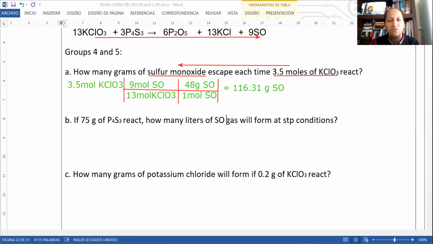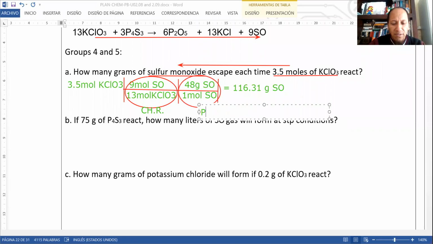You can confirm that on your calculators. Important to remember: this conversion, I obtained it from where? After reading my chemical reaction. And the other conversion, I obtained it from the periodic table. Got it? That's important for you to take into account.